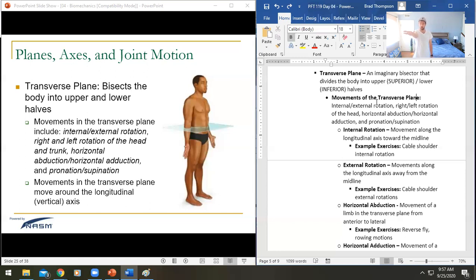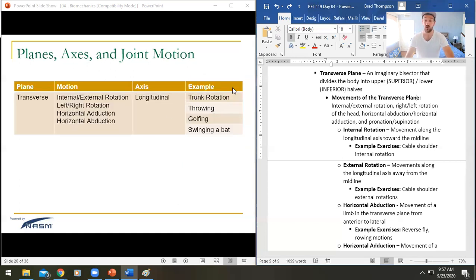So give me soup, right? All right. So this one, you're going to see trunk rotation, or throwing, golfing. I totally just swung that like a bat, which is my next one, swinging a bat. This is why I'm a terrible golfer. And so those are your transverse motions.